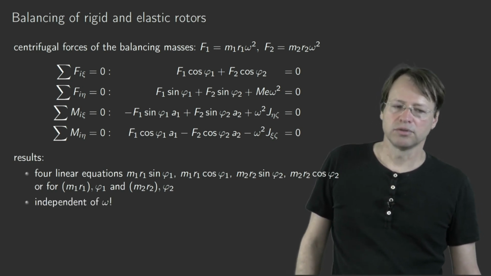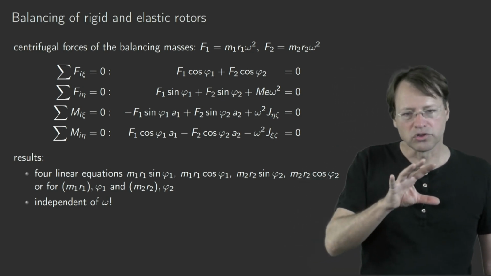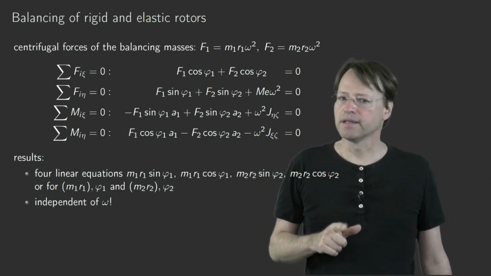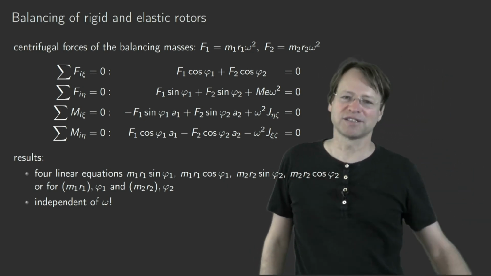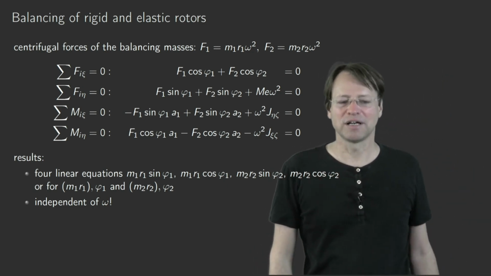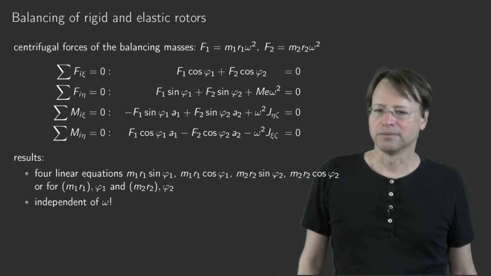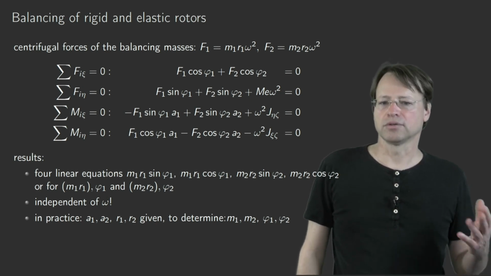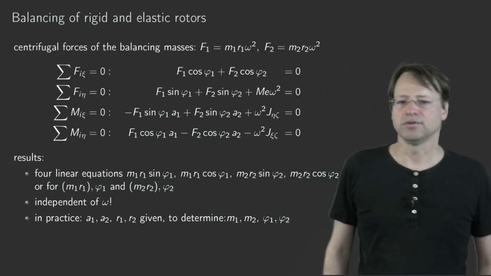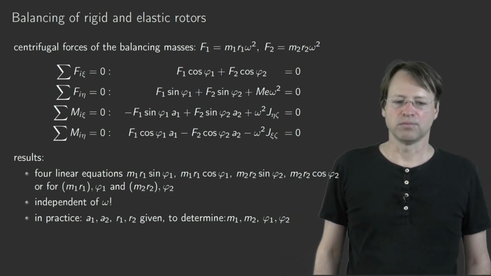This can be shown. So balancing holds for any value of omega. That's good. Otherwise, if you drive faster, you would have to change the balancing mass, and that's not feasible. And as I said, in practice, A1, A2, and also R1 and R2 are given, and you determine M1, M2, phi sub 1 and phi sub 2.